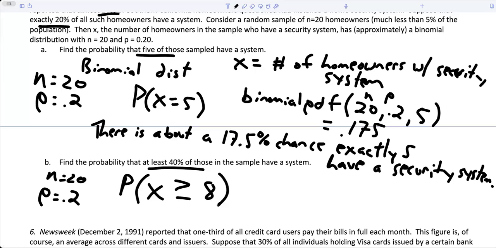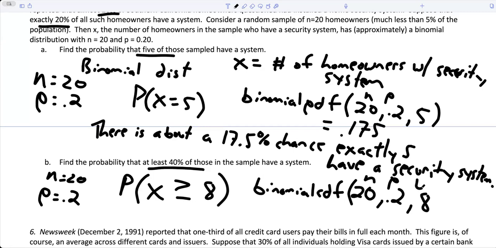And so in this case, I'm going to use binomial CDF. We get 20, 0.2 for n and p. Lower bound is 8. Upper bound is 20. If I put that in my calculator, you should get 0.032.